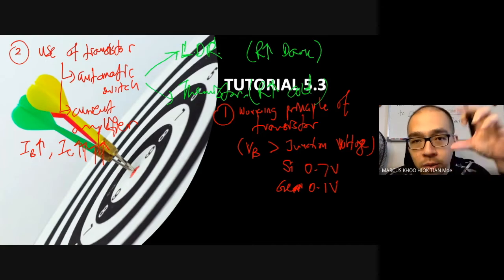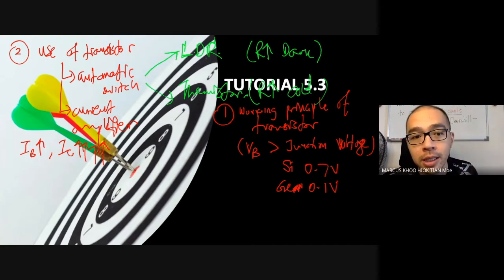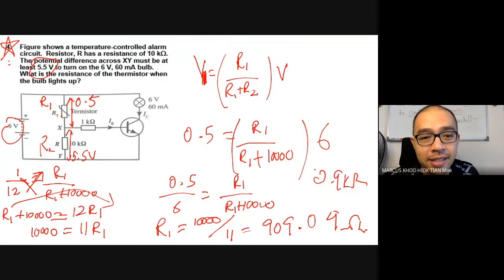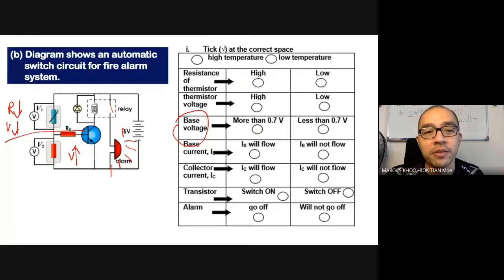The place where we position the resistor, the light dependent resistor or the thermistor, tells us which part of the circuit will function.